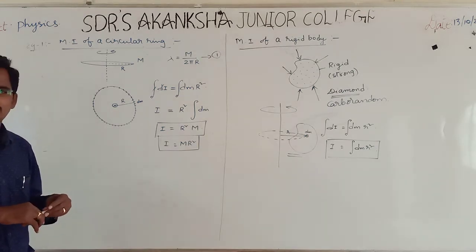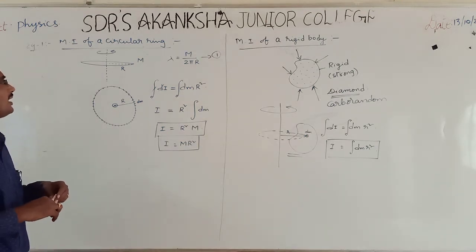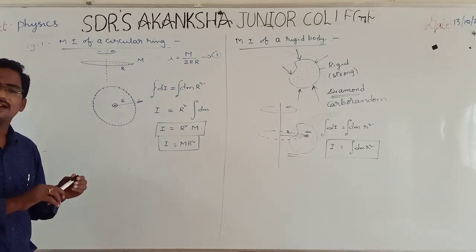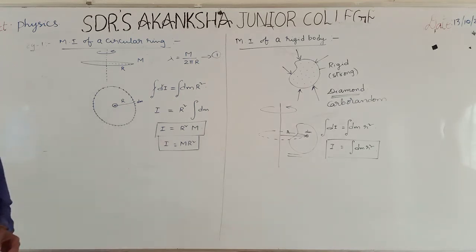First example is over. The object I considered here is a circular ring. Second example, now we are going to see.